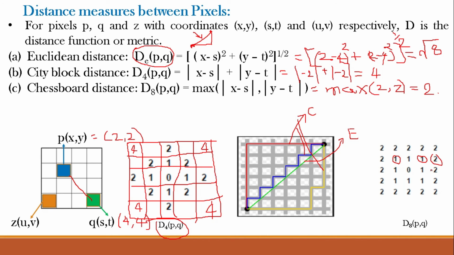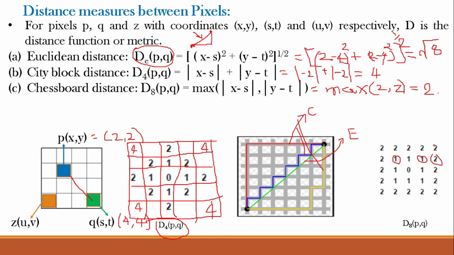That means the value is 2. And the value between this pixel and this pixel is 1. You have to take the maximum of these two values: the maximum of 2 comma 1 comes out to be 2, and therefore the value of this pixel will be equal to 2.